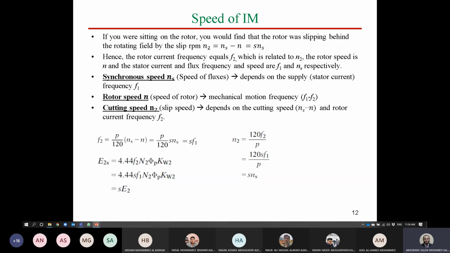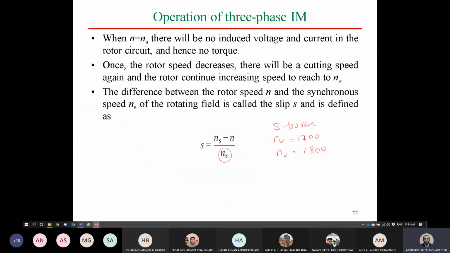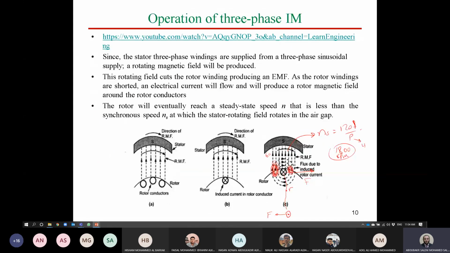The rotor flux is the same because we measure the speed from a stationary place. If we go to the figure here again, you have a rotating flux around the rotor conductor, which depends on the frequency of the rotor current. Right or wrong?